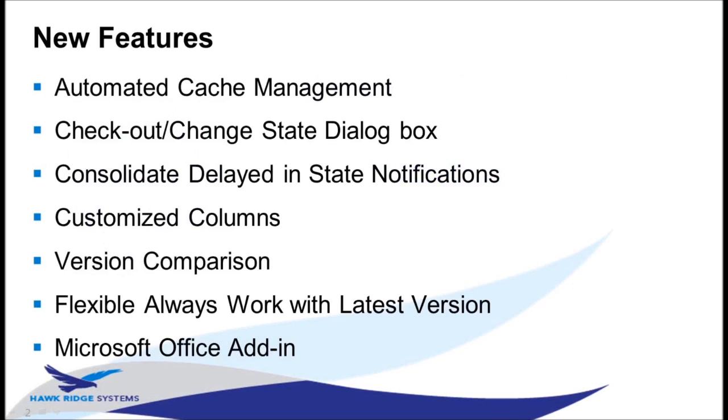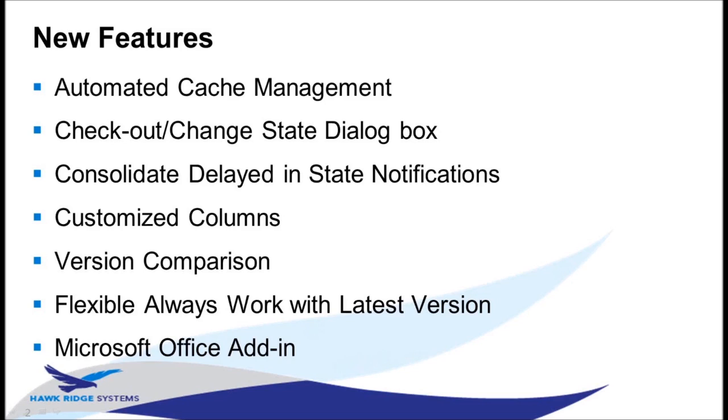Let's take a look at what are the new things that have been added into Enterprise PDM for the 2014 release. There are quite a few new features, and I've summarized the main ones here. For one, we've got an automated cache management system so that you can easily refresh a cache or manage the files that you have locally.